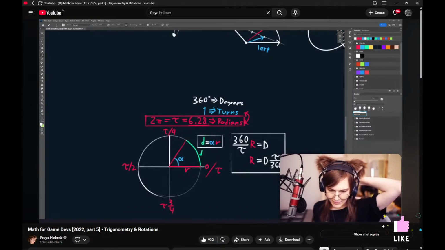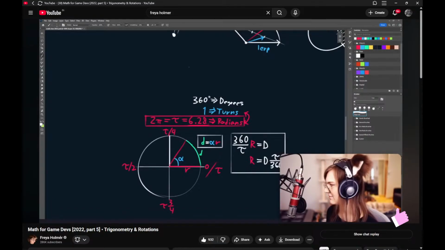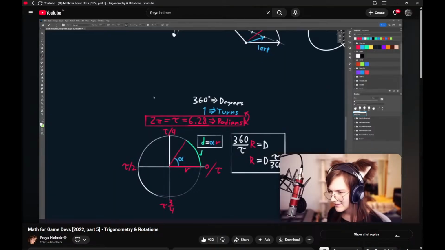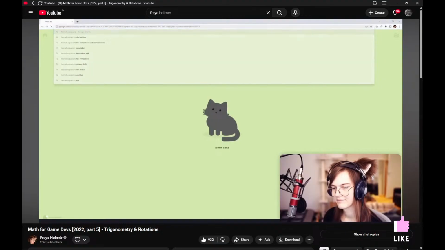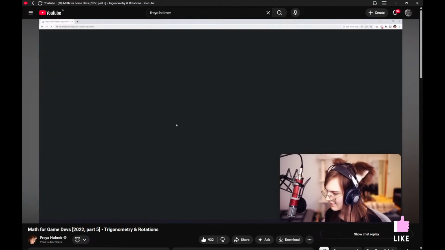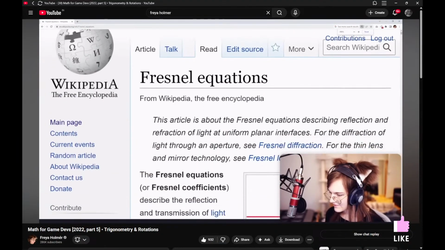How does one calculate the point of refraction given a source, target and the refraction index? I don't remember. Isn't that the Fresnel equations? I believe that is.